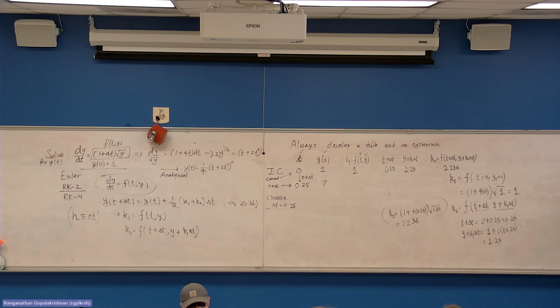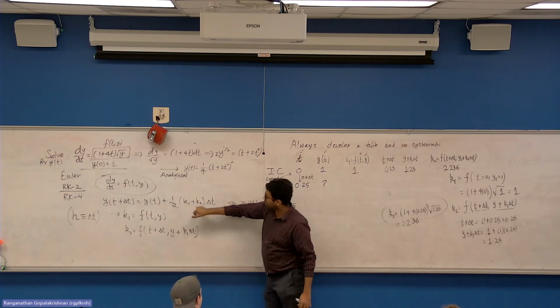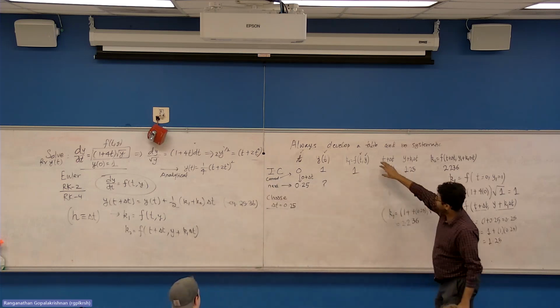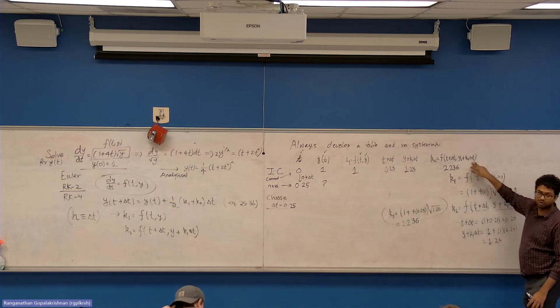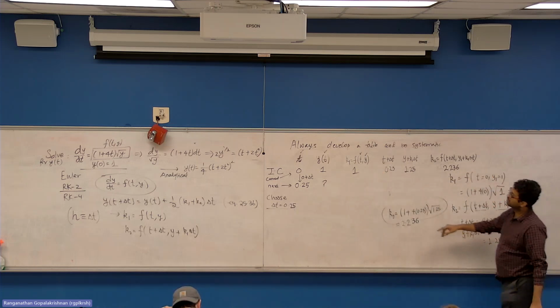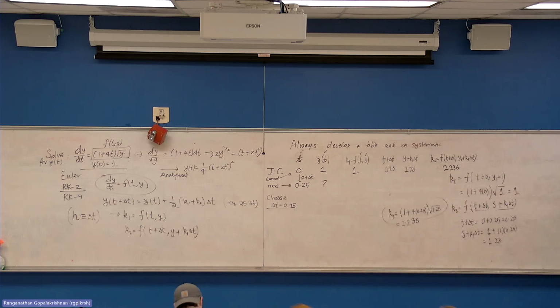So this is what I recommend that you do if your numerical method has K1, K2. Make sure you add separate columns in your table that are K1 and K2 to systematically compute them, and then go on to the next line to update the value of y.